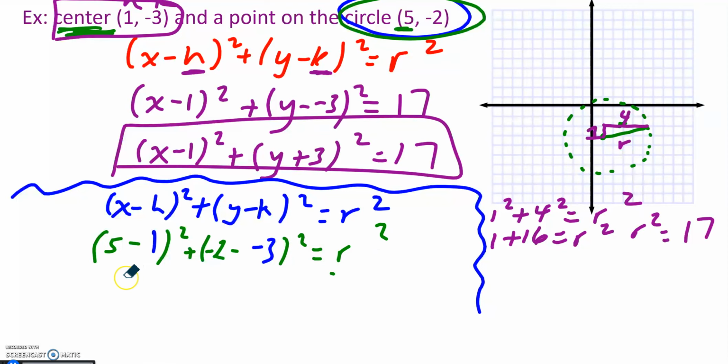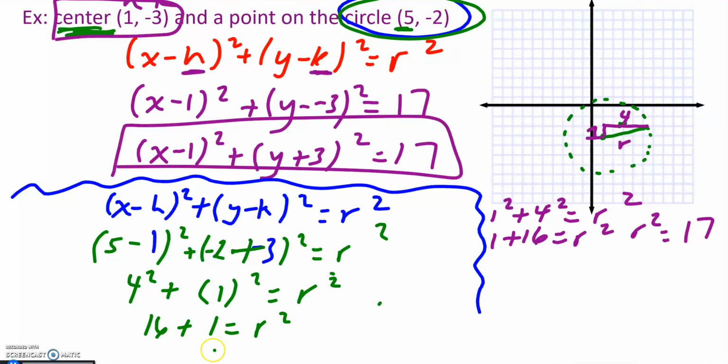So that's (5 - 1) squared, 4 squared, plus (-2 + 3) squared, which is 1 squared, equals r squared. This looks extremely familiar to the Pythagorean theorem earlier. You still get 16 plus 1 equals r squared, so r squared equals 17. So you'd plug the 17 in for r squared, and then you would still plug in just for h and k, and you would keep the x and y general. So you get the same answer as the previous.